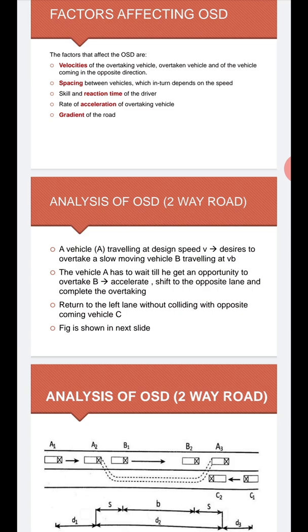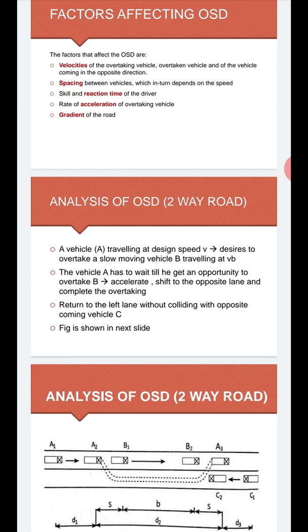Till that opportunity he is moving from the A1 to A2 position, that is distance small d1. Next we can see vehicle C, which is coming in the opposite direction on the right side lane from the C1 position to the C2 position. Here d1 is the distance the overtaking vehicle moves from A1 to A2.